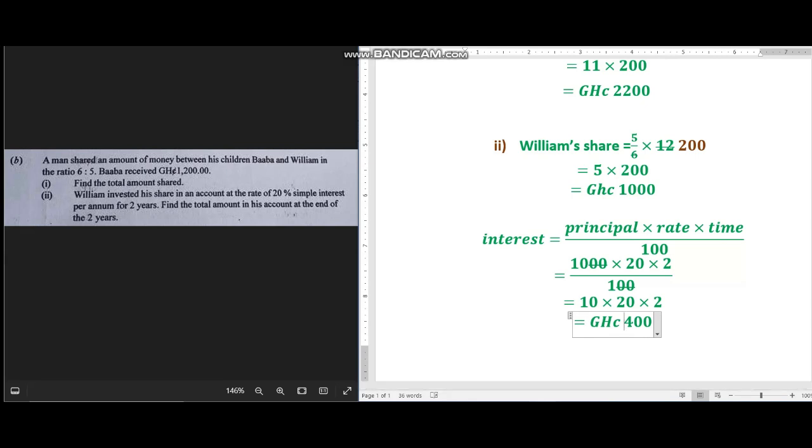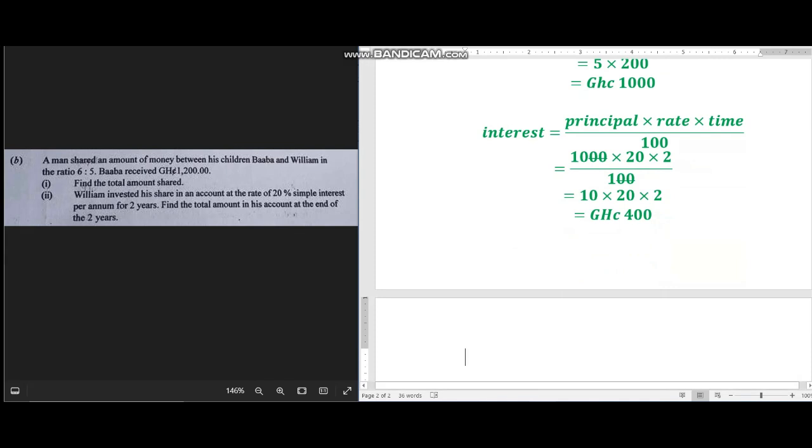But the question says, if you look at part II, find the total amount in his account at the end of the 2 years. It doesn't say find the interest. If the question only asked for the interest, we would have concluded our answer here. But it says find the total amount, which means we have another formula to apply.